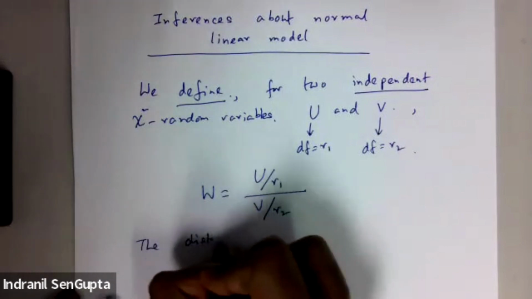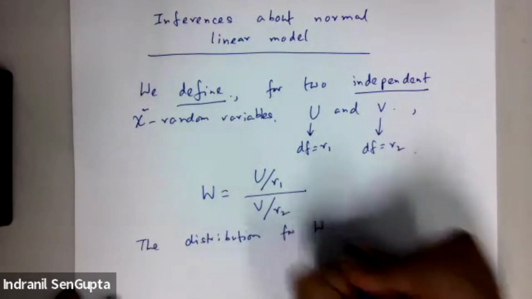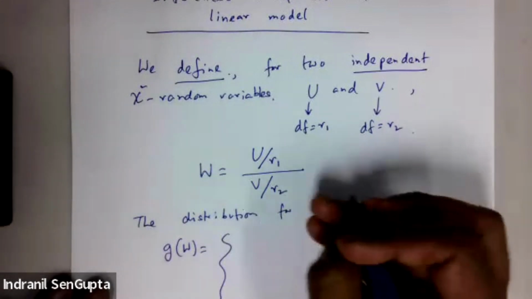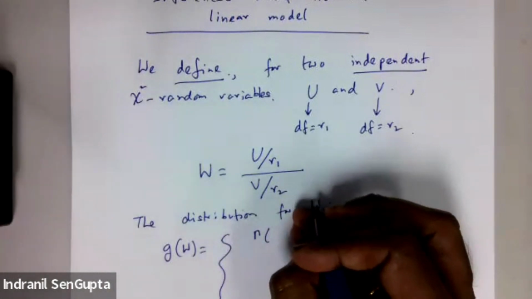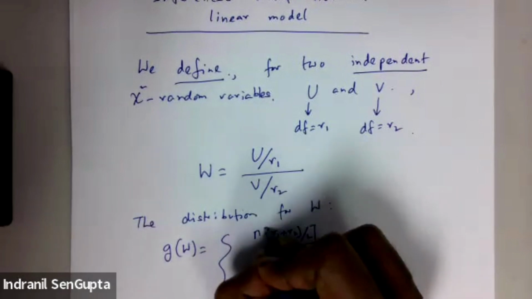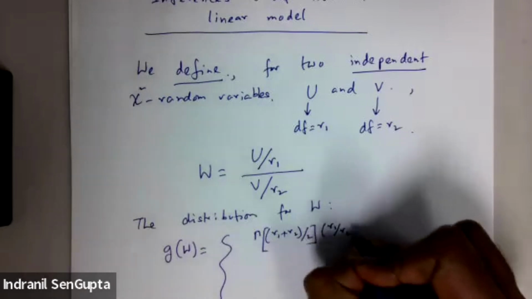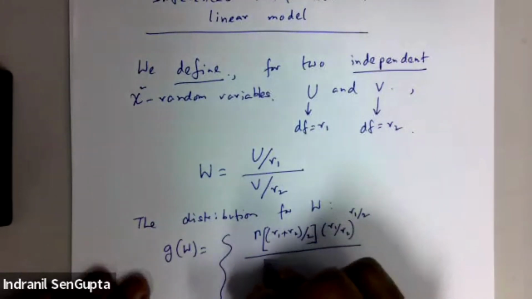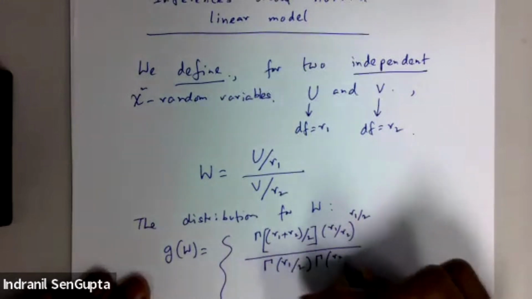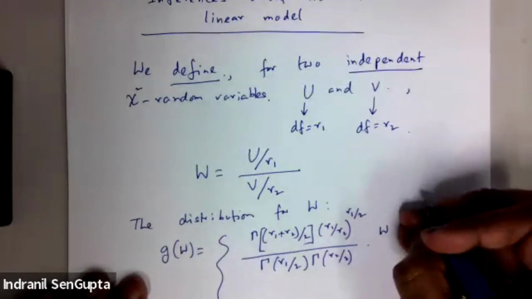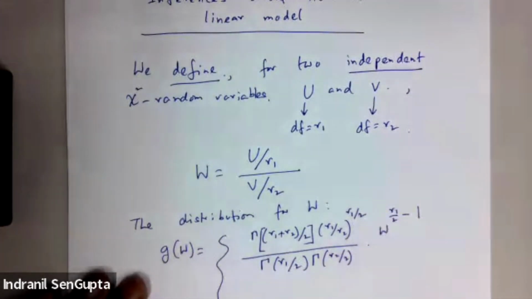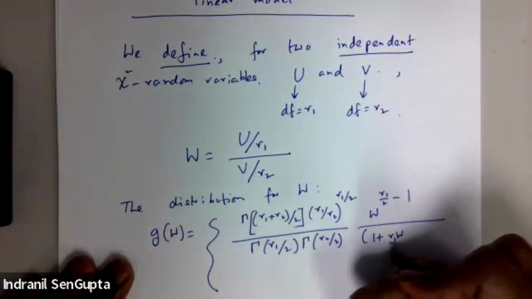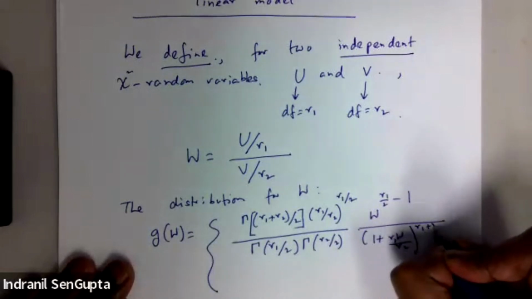The distribution for W is given by g(w), which is equal to gamma of (R1 plus R2) over 2, times (R1 over R2) to the R1 over 2, divided by gamma of R1 over 2 times gamma of R2 over 2, times w to the R1 over 2 minus 1, and in the denominator we have (1 plus R1 w over R2) to the power of (R1 plus R2) over 2.